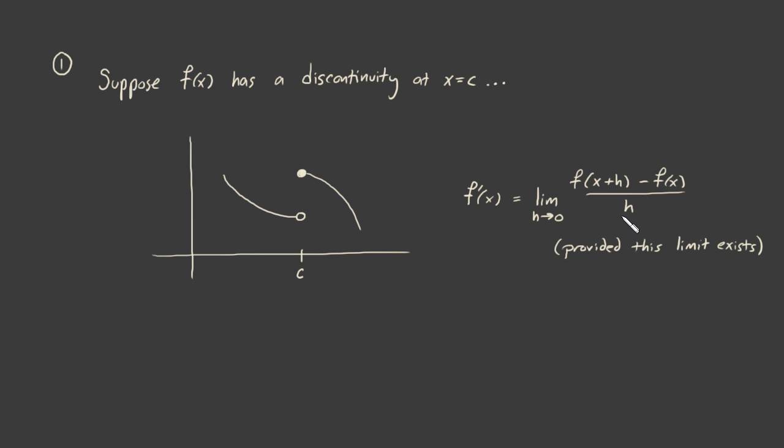And the secant line connects the two points on the graph at some x plus h value and some x value. Of course, here we're interested in the derivative at c, so let me go ahead and make those replacements for x. So we have the derivative at c is equal to this limit here.